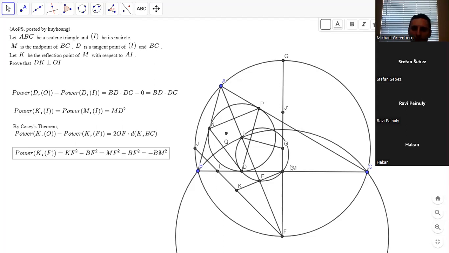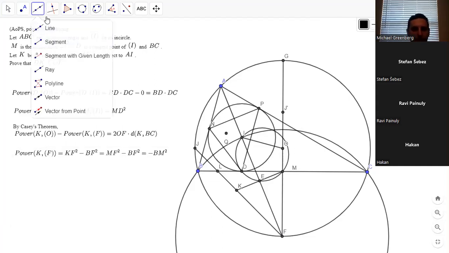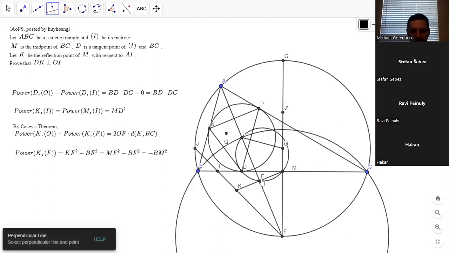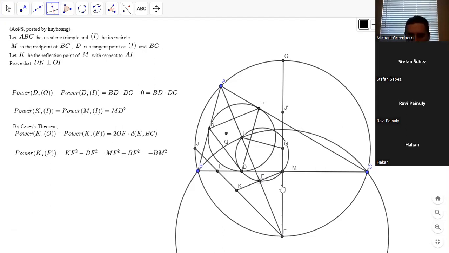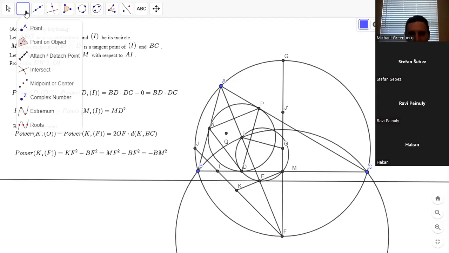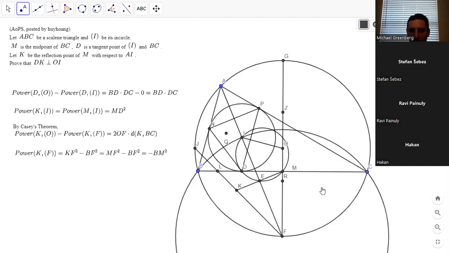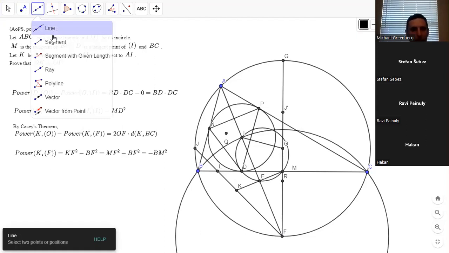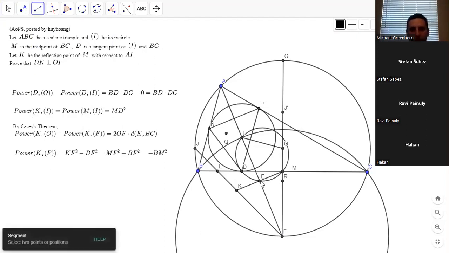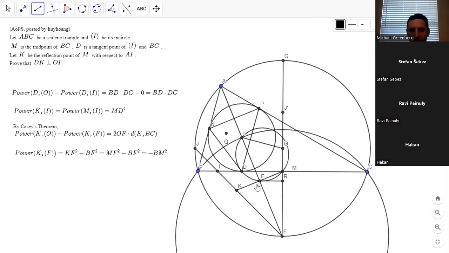So we know MEF is similar to FAG, right? So basically I think it's all just similar triangles, because the distance from K to BC is 2RM. And triangle ERM is similar to triangle EMF, which is similar to triangle GAF.